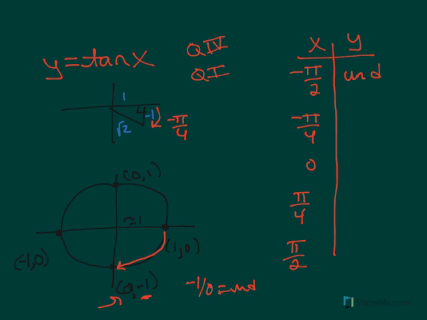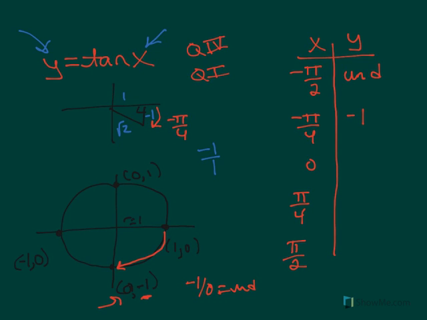And then if we do our y to x ratio, that's going to be negative 1 to 1, which is a final value of negative 1. So if you input negative pi over 4, you're going to output a value of negative 1.